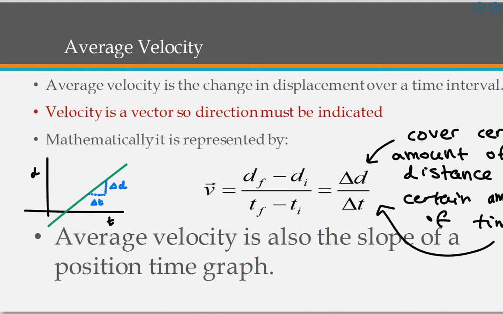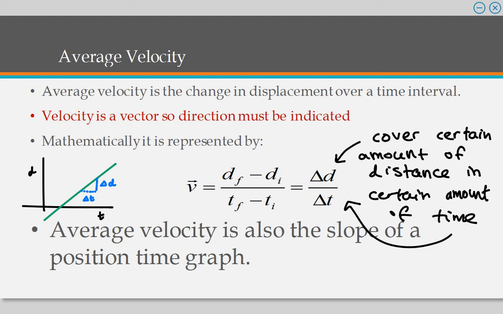And there's the equation for the slope of that line. And this is known as average velocity. Okay, so hopefully this is clear. We've talked about this a few times.